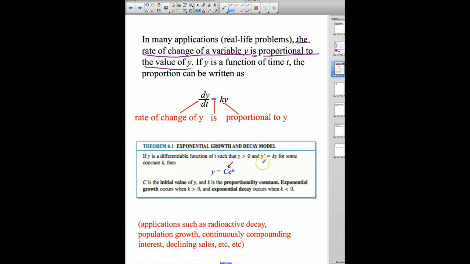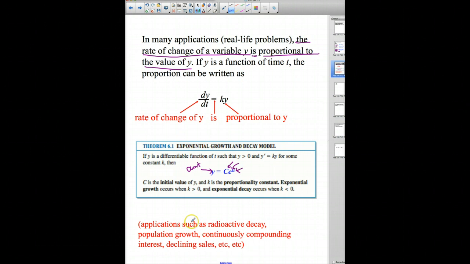It could be initial population, initial amount of money, initial amount of a radioactive element, whatever we're measuring using a growth or decay model. K is the constant of proportionality, which we usually have to find. That's not given to us. T obviously is time. And y is the amount of the thing that we have left over after however much time has passed. All right?